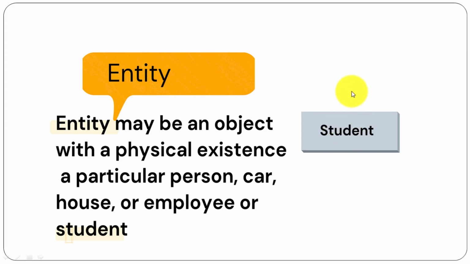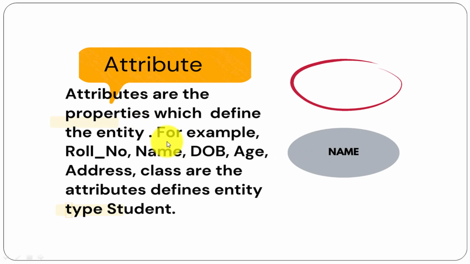A student has some information like student roll number, student name, student address, student class, etc. All these are information about the student, that is, attributes, or student properties or characteristics, and they are called attributes. An attribute is represented by an oval shape. For example, roll number, name, date of birth, age, address and class become the attributes which define the entity type student.